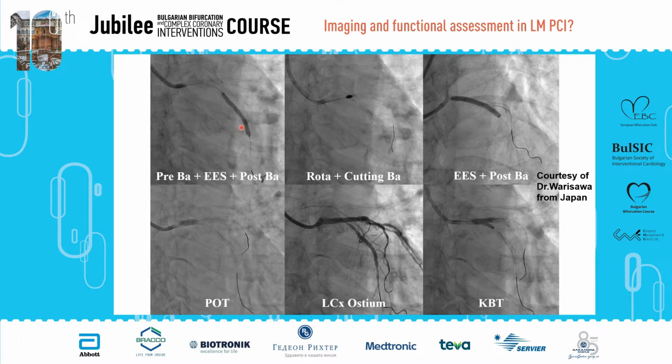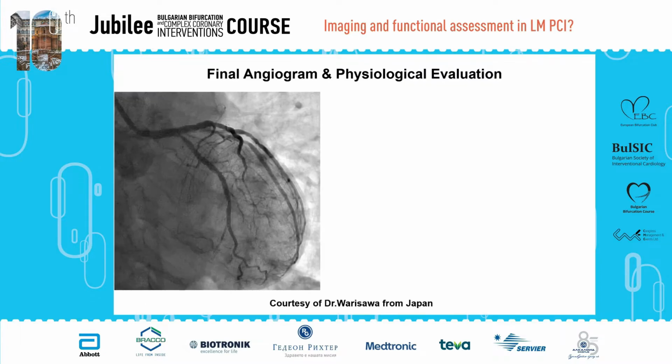First, treating the circumflex, and then treating the LAD and left main by rotablator, and putting a stent from the LAD to the left main and POT. And this is how it looks at the end, the ostium, and then after the KBT.